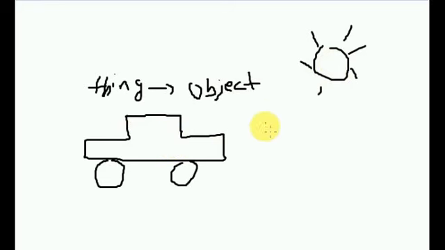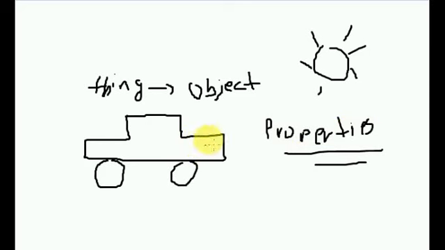And these are actually the properties. Yes, these are the properties that make the car different from the sun and the sun different from the car. So let's discuss some of the properties of the sun here.